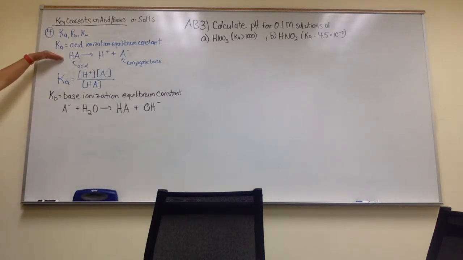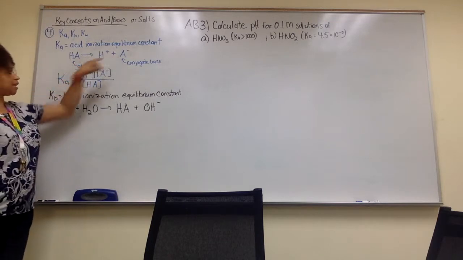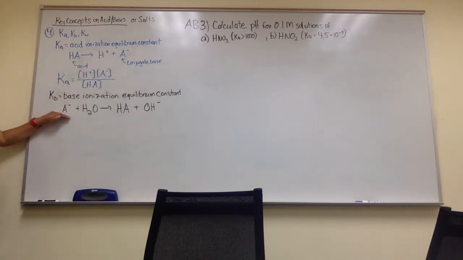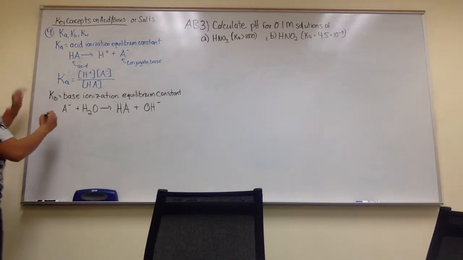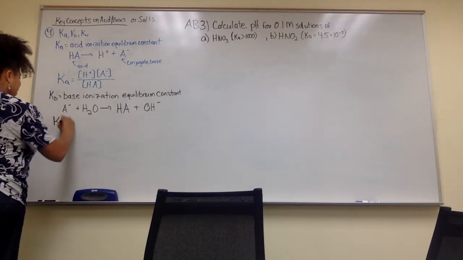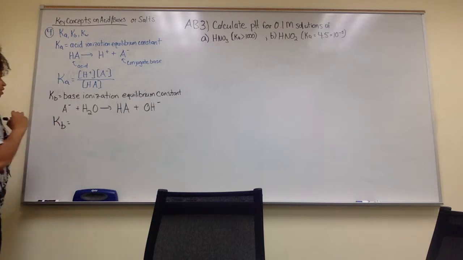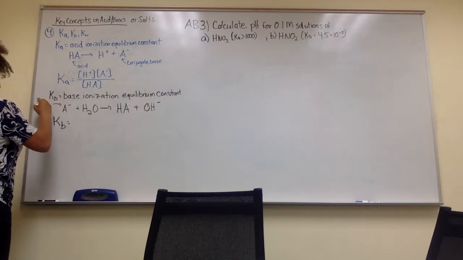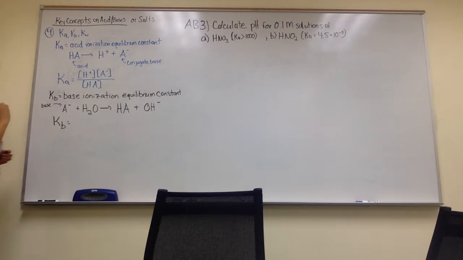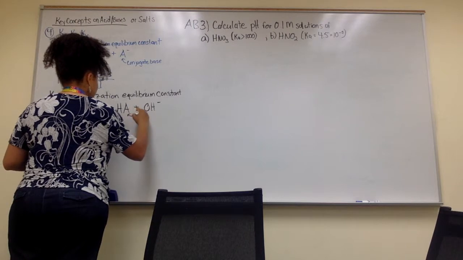So instead of just taking the acid and breaking it up into the H plus and the A minus, we first start with the conjugate base, which is the anion A minus, plus water to give HA and OH minus. It's going to make a little bit more sense in a second, okay? But just stay with me. All right, so we're writing the Kb, and I wanted to write in here, this is base, and also could be represented, say it's conjugate base, and then this is conjugate acid.